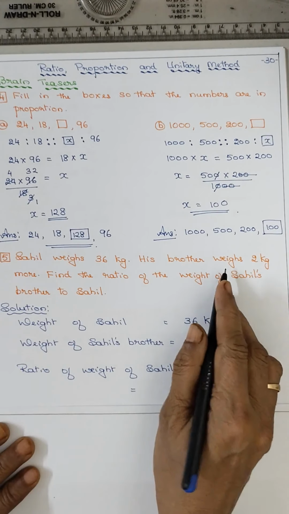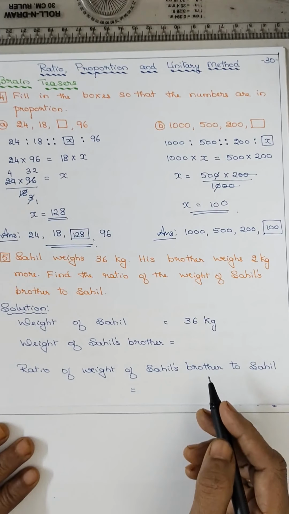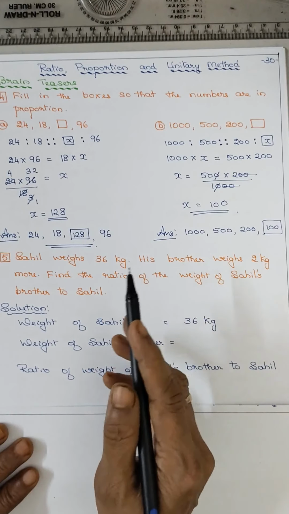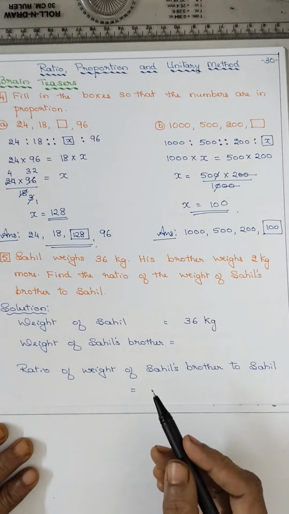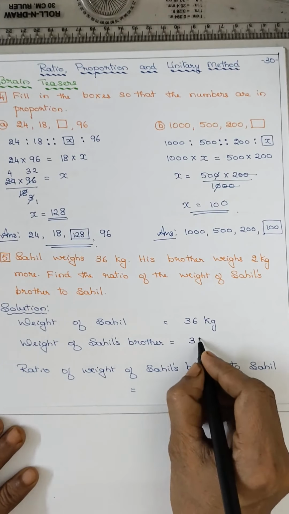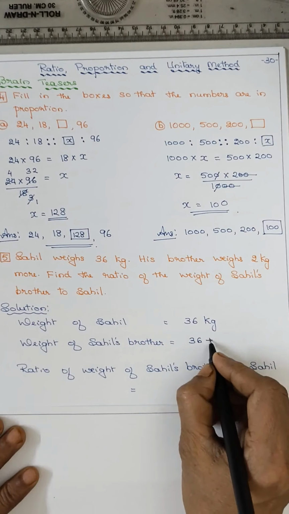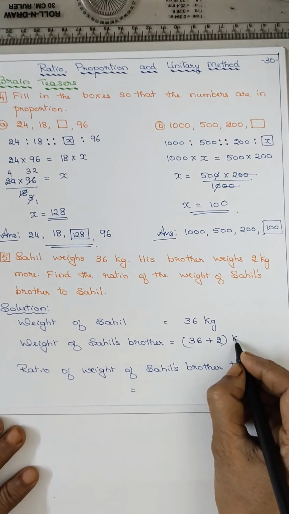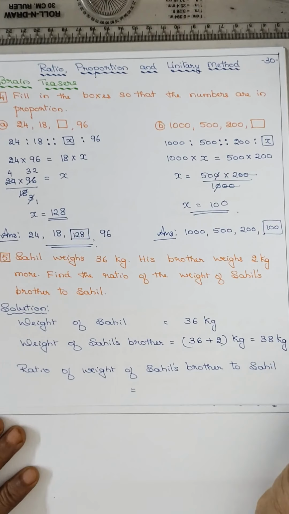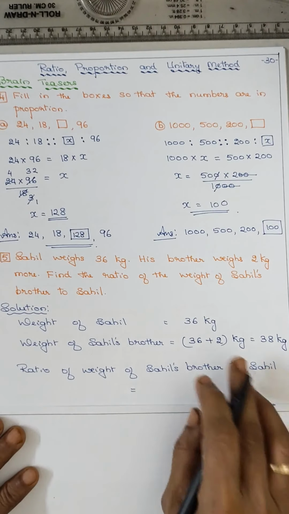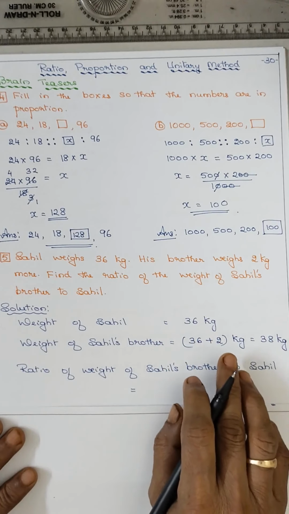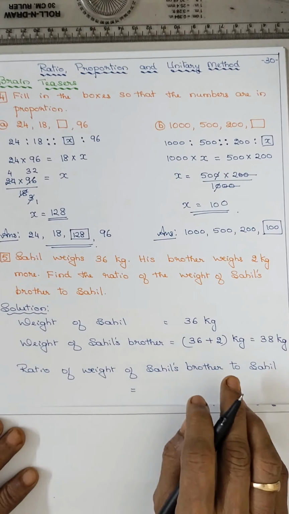His brother weighs 2 kg more. मतलब साहिल का वेट 36 है और उसका भाई उससे 2 kg ज्यादा है. सो वेट ऑफ साहिल्स ब्रदर कितना आएगा? साहिल का वेट 36 है और भाई का 2 kg एक्स्ट्रा है. दैट मीन्स +2. सो इट विल बी 38 kg. अंडरस्टूड? सो भाई का वेट साहिल से 2 kg एक्स्ट्रा है. सो यू हैव टू ऐड 2 kg टू साहिल्स वेट.